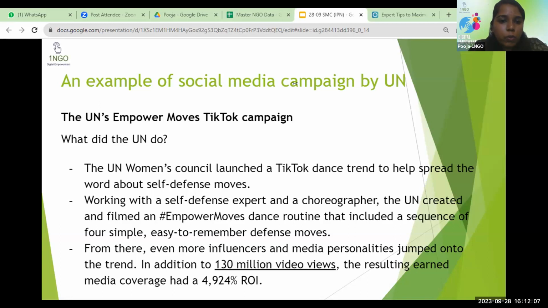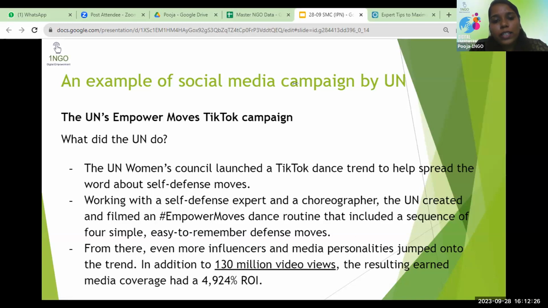They worked with self-defense experts as well as choreographers who were filmed together to bring out self-defense moves. This was a process where only 4 steps were involved, and those were self-defense moves.